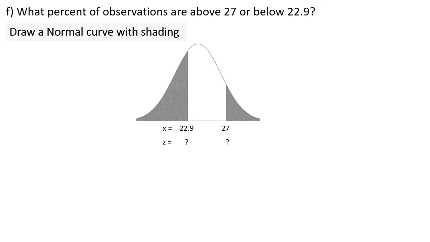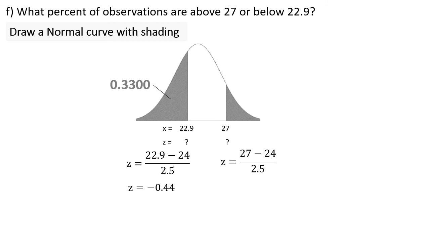We want to figure out what those z-scores are. The z-score for the 22.9 is negative 0.44. Go to your z-score table and find the shaded region to the left in the body of the table for a z-score of negative 0.44, and that gives us 0.3300.